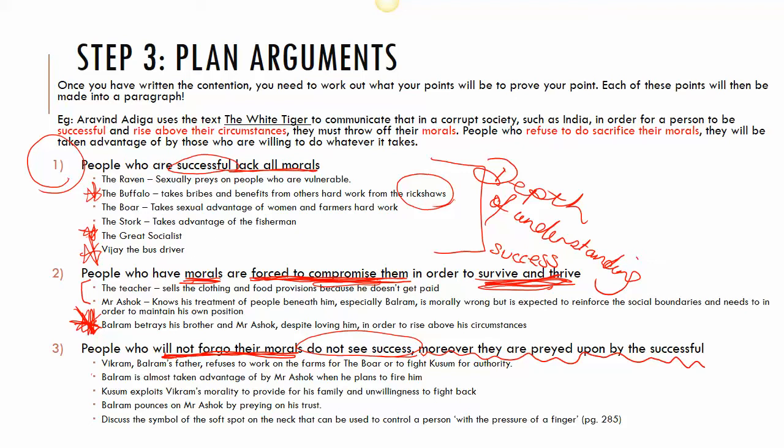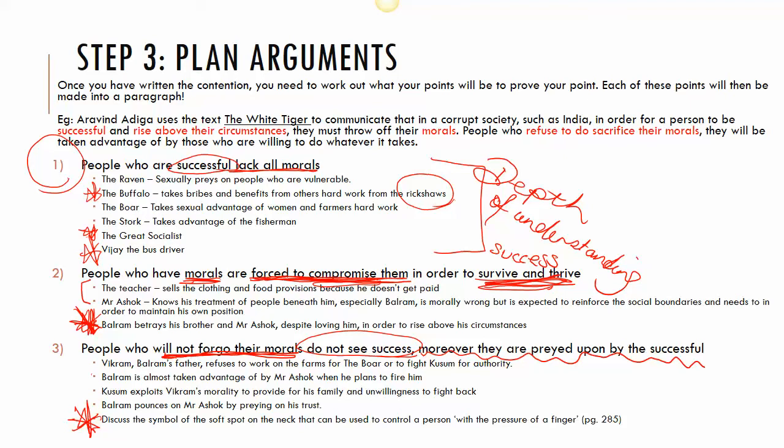Then I was thinking I'd also talk about Kusum, and how Kusum exploits Vikram's morality to provide for his family, and I was going to use a symbol I really love. I know we didn't talk about it in class today, but that's because there are so many symbols.